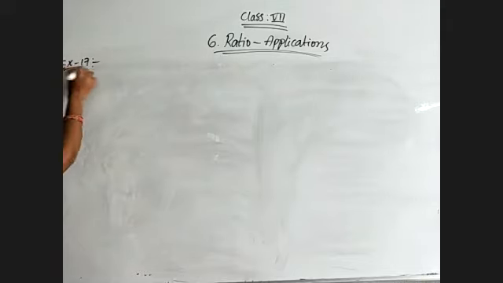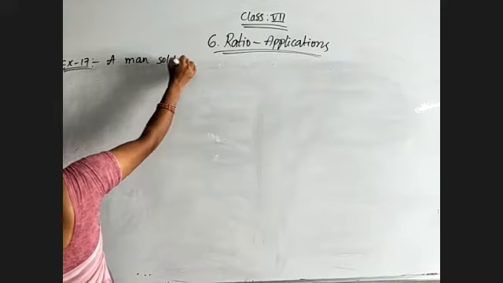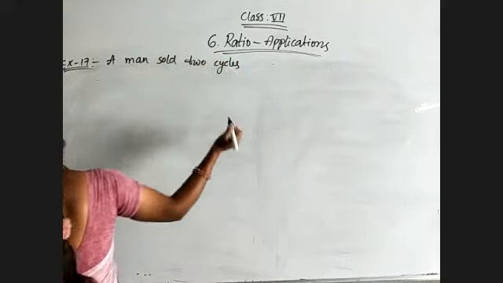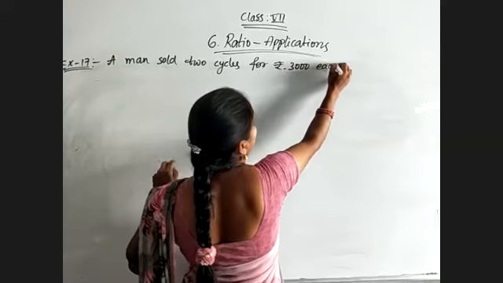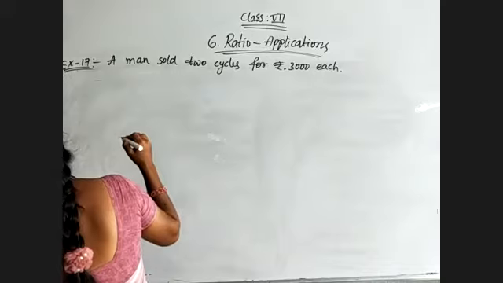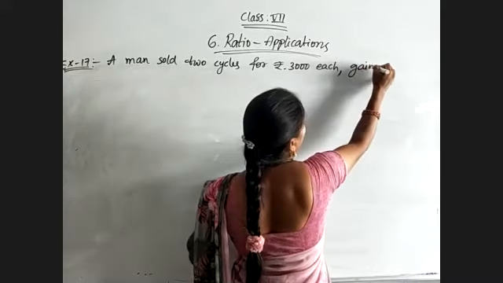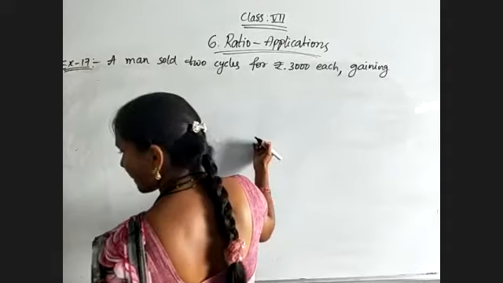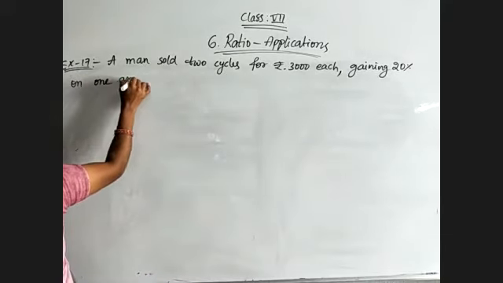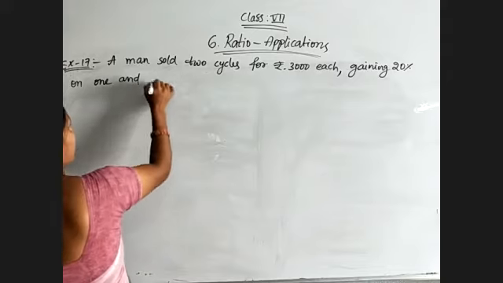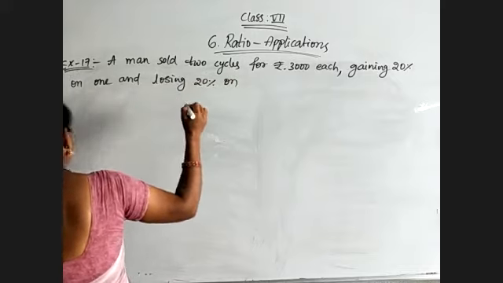Example 17. Here they have mentioned that a man sold 2 cycles for 3,000 rupees each, gaining 20% on the one cycle and losing 20% on the other.